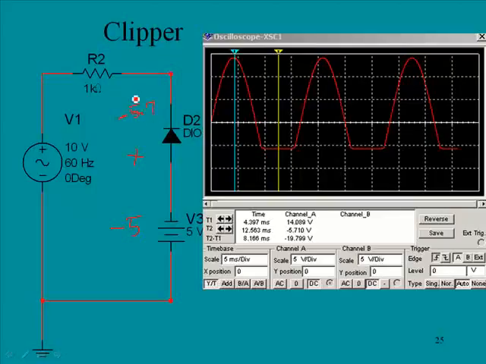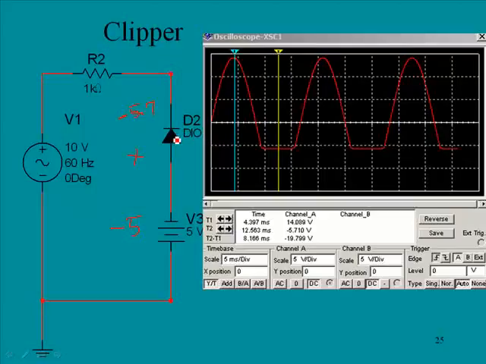And so what you'll see in the associated wave shape, we have our positive signal coming in, and the diode is not turned on until we get down here to, in this case, minus 5.71 volts, and then suddenly the diode turns on.